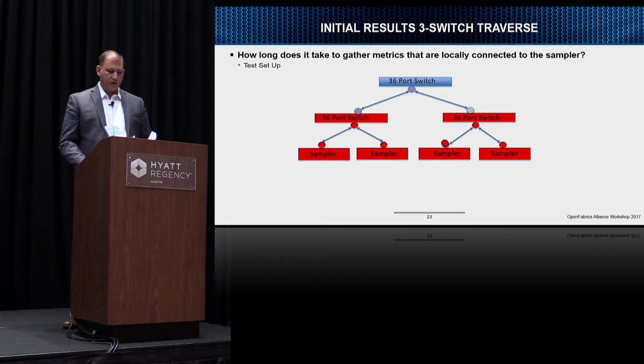So we did a lot of experiments with the test bed system. We haven't scaled it up yet to our full systems. We did a locally connected sampler to a switch, or maybe a couple of them in this case.